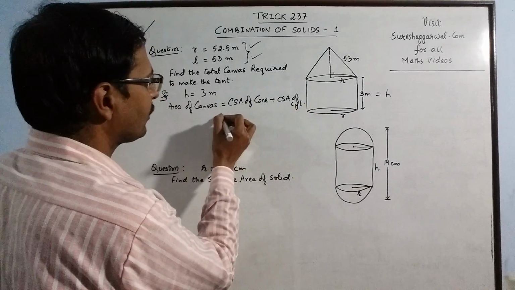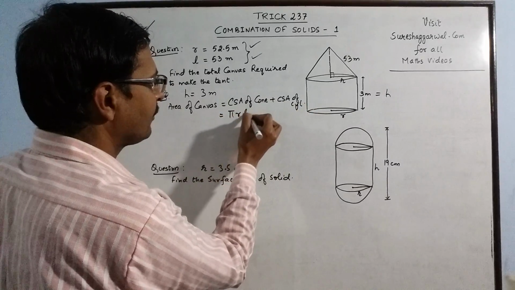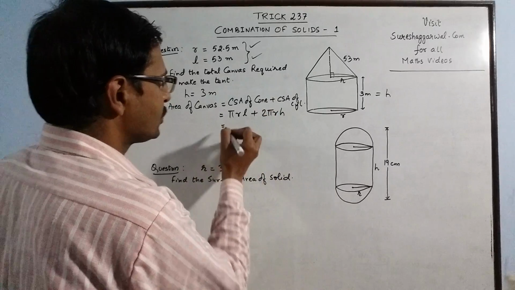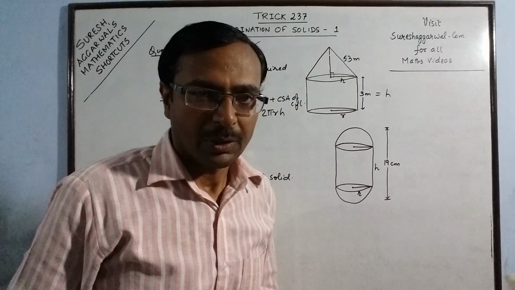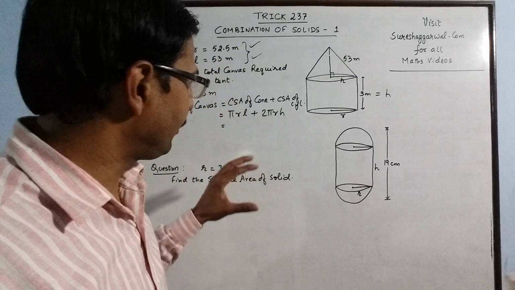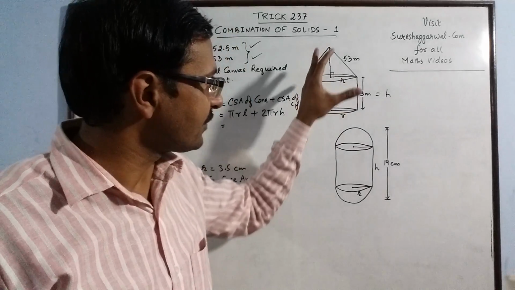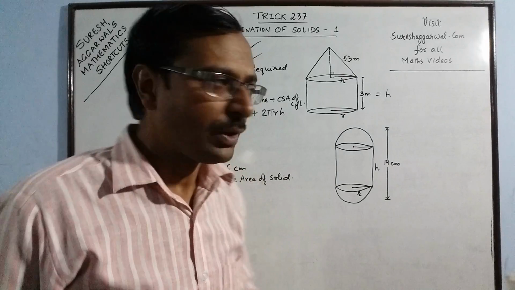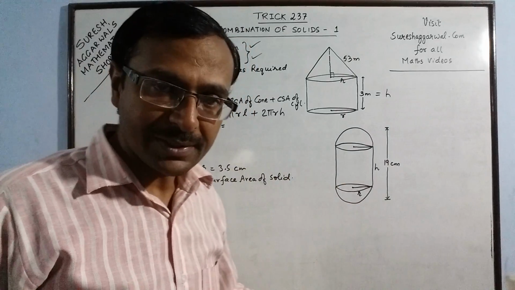The formula of CSA of cone is pi r L, and CSA of cylinder is 2 pi r h. Children, don't commit the error of calculating the two curved surface areas separately, because then you have to use the value of pi in both cases.